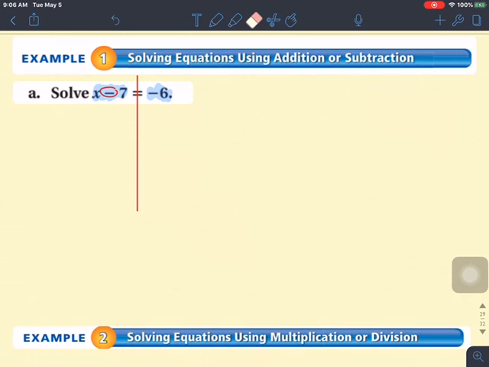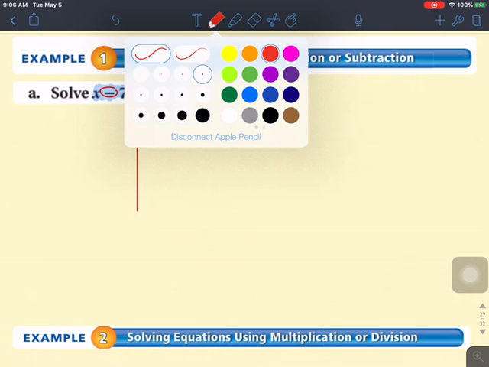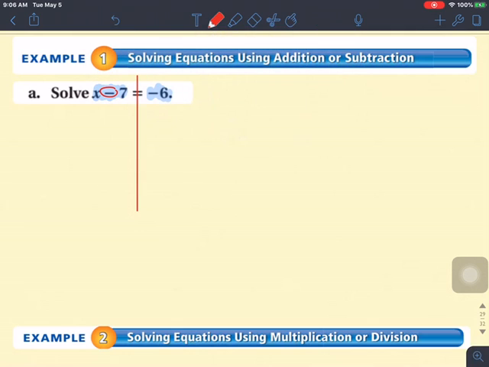That's why we drew a line down the center, so you understand there are two sides. The inverse operation to minus 7 is plus 7, and you have to do that on both sides to keep the equation balanced.